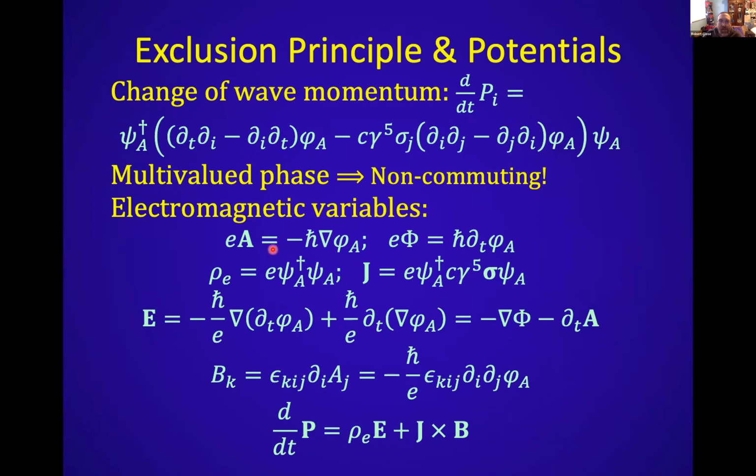So using these definitions of the potentials and assuming the charge density is proportional to psi squared, and then the current proportional to the wave velocity, we can work out the electric field and the magnetic field here. And so you get the Lorentz force.